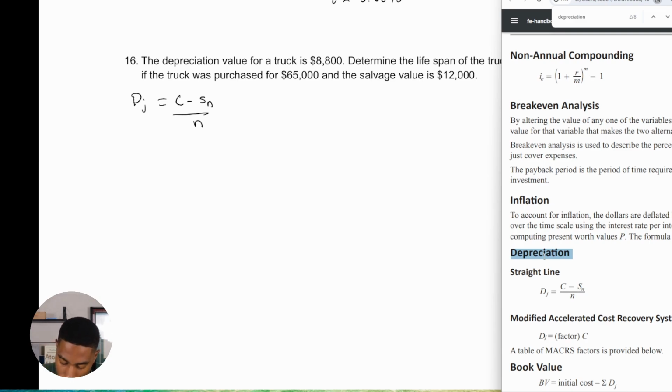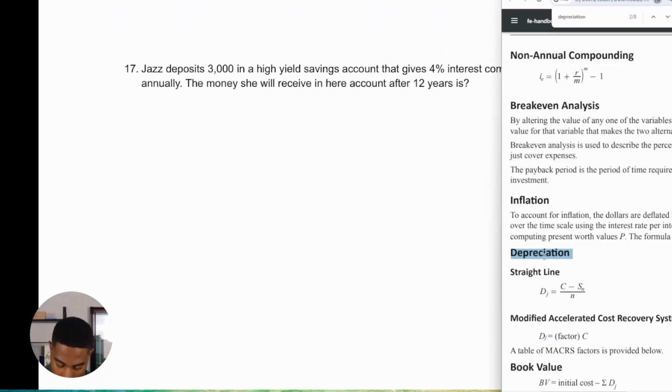I'm not going to write each individual variable out so you can follow. So I get 8,800 is equal to 65,000 minus a salvage value of 12,000, all over n. Now, when we solve for n, we get 6 years. All right. Let's look at number 17.